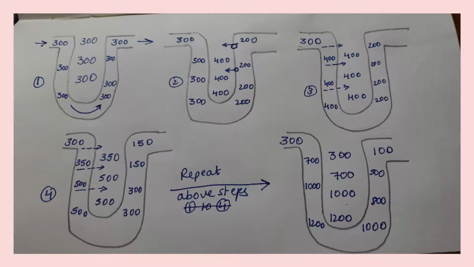So now new filtrate will come from the Bowman's capsule into the PCT and the descending limb. When it reaches the descending limb of the loop of Henle, note the permeability of the tubules. Really important to keep this in mind when we are understanding this topic. As we know, the descending limb of the loop of Henle is very permeable to water but impermeable to solutes.